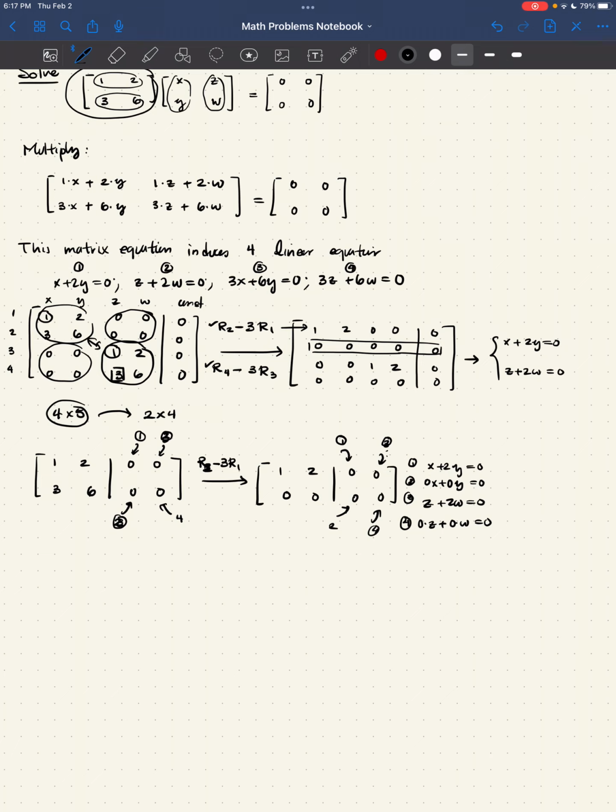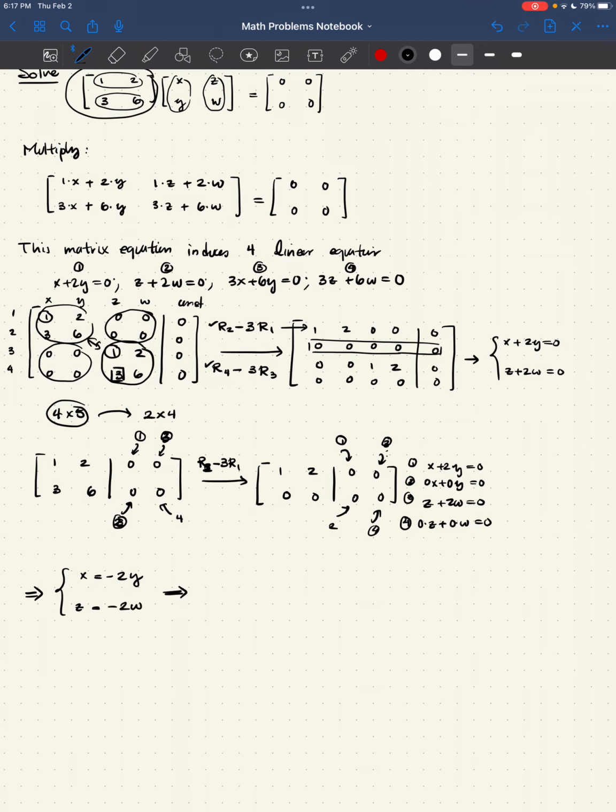Now we can perform this reduction, this compression, based on the structure of the matrix product that we were developing. Now let's continue, because this says that x is equal to negative 2y and that z is equal to negative 2w.